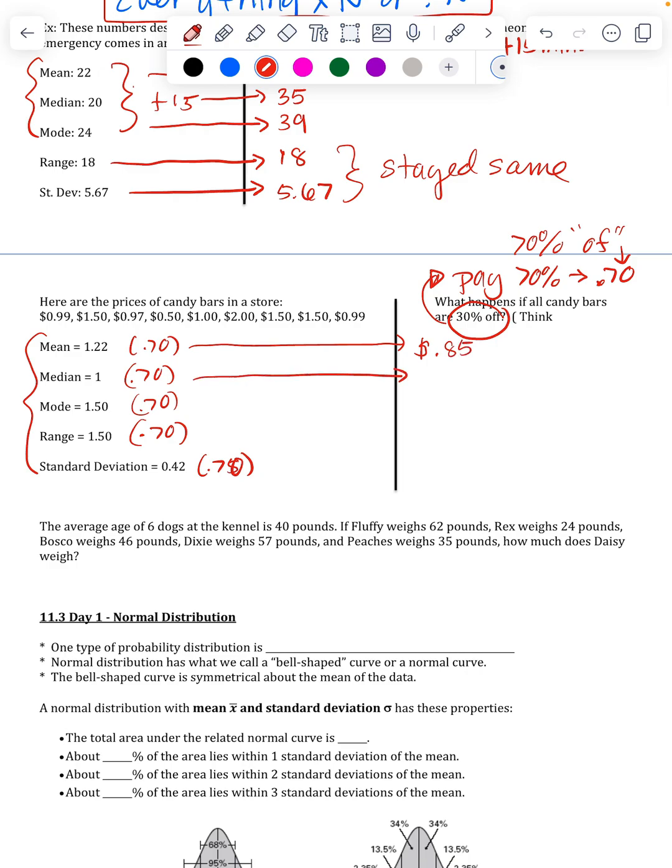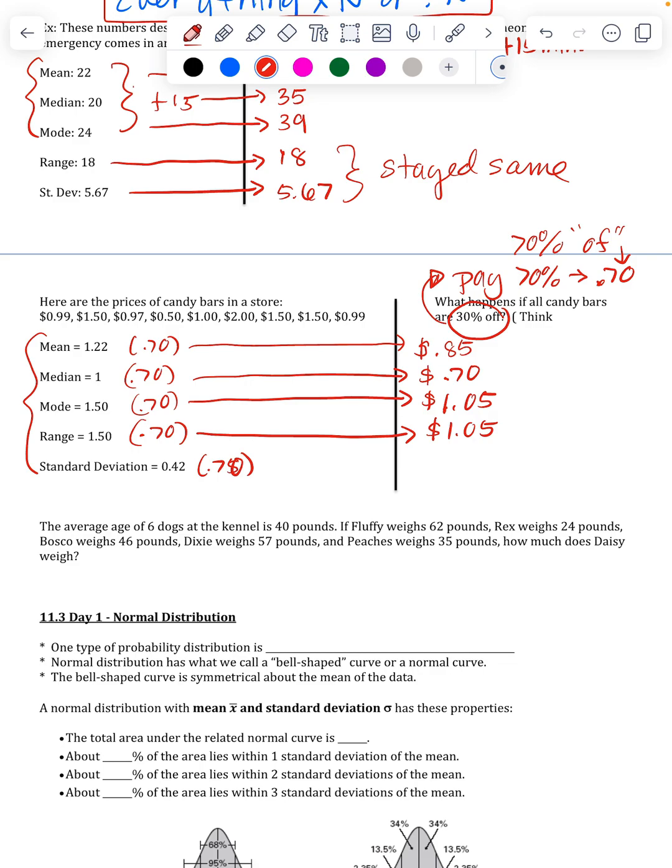If the mean was $1, now I multiply it by 0.7 and I get 70 cents. If the mode was $1.50, once I multiply it by 0.7, it goes down to 1.05. My range was 1.50, so that'll go down to the same thing because I'm multiplying it by 0.7.